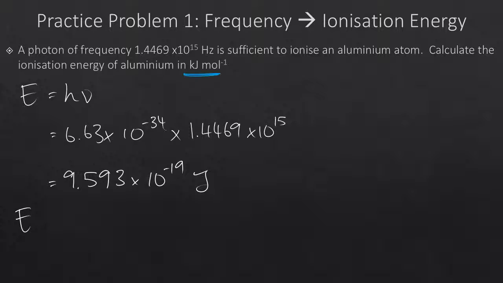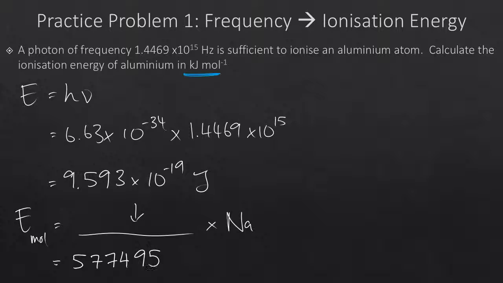So the energy in terms of mole would be this answer times Avogadro's number, which is 577,495 joules per mole. Now, that seems like a ridiculously huge number until you remember that I've got to convert it to kilojoules, which is simple enough.